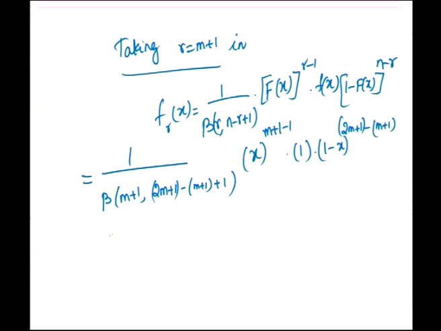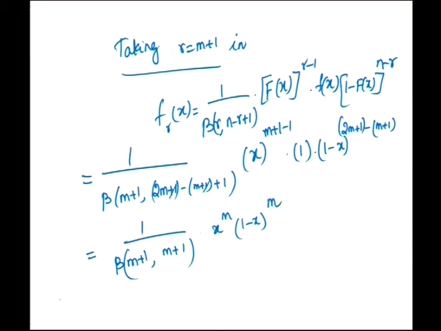Okay. So, that becomes 1 by beta of (m plus 1, 2m plus 1 minus m plus 1), this 1 gets cancelled and 2m minus m is m, and then it becomes m plus 1 along with this 1. So x power m and then (1 minus x) whole power m. This is f_r(x) now. For the median observation, we have now just arrived at f_(m+1)(x) equal to 1 by beta of (m plus 1, m plus 1).